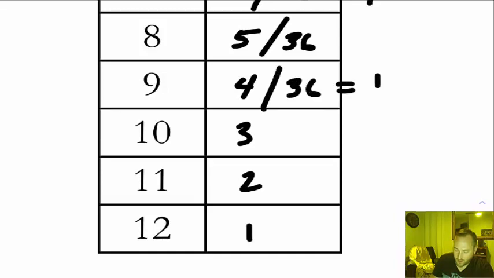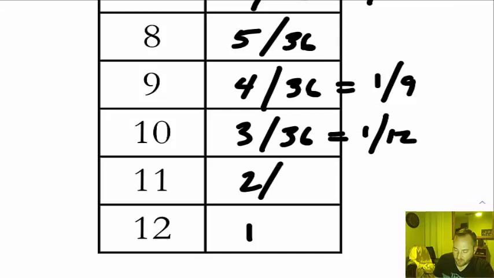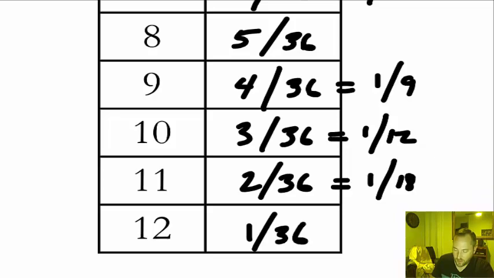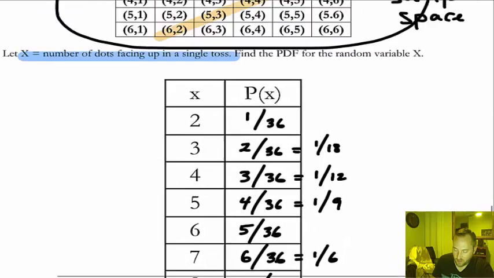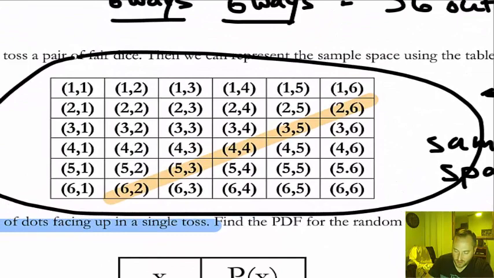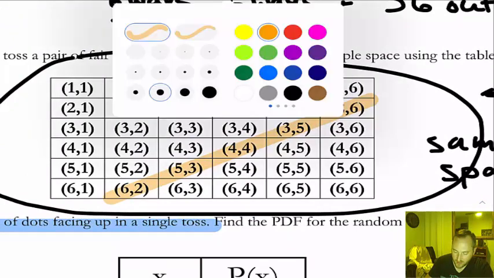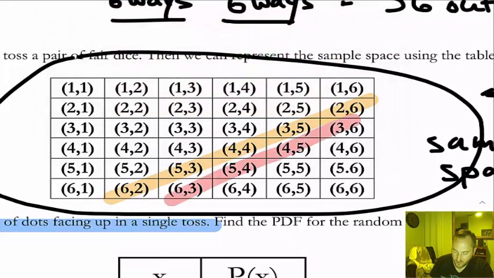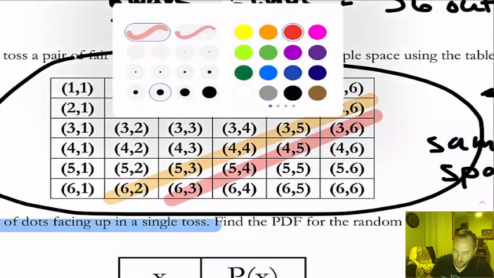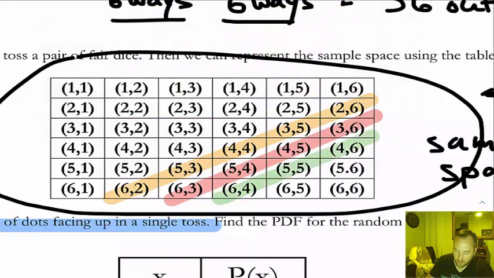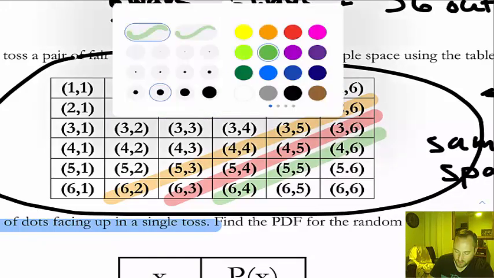So that'll be 1/9, and then 3 out of 36, back to 1/12. 2 out of 36 is 1 over 18. And then 1 out of 36 is the last one. Like this would be 3 plus 6 there. That's the 9 diagonal, followed by the 10 diagonal, and 11, and then 12.